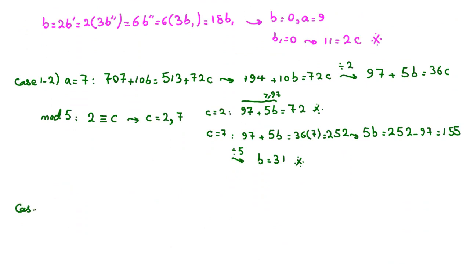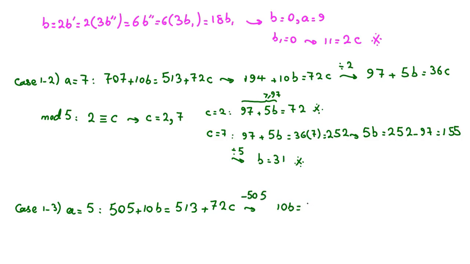Now let's check case 1-3. If a equals 5, so 100a is 505, plus 10b equals 513 plus 72c. If we subtract 505, 10b equals 5 plus 3, 8, plus 72c.